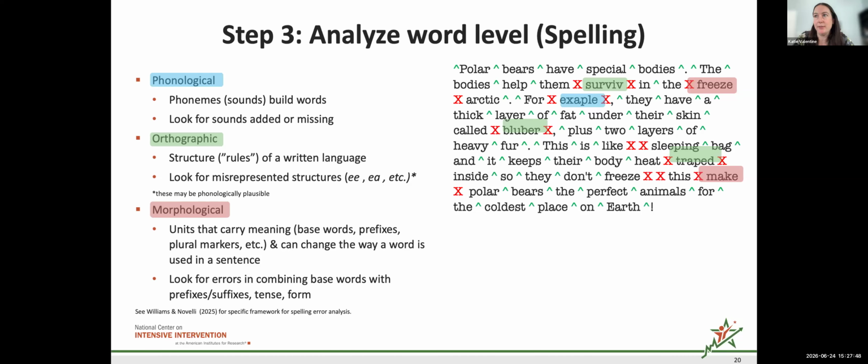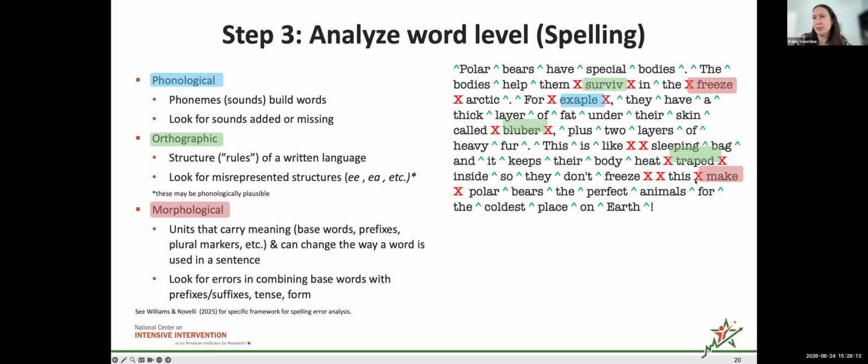The examples that I have on this slide are highlighted in this kind of reddish color. So let's see, bodies help them survive in the freeze Arctic. So this student has not used the adjective form of this. This should say freezing. They did not add the suffix ing on the end of that. So that may be a piece that they may need some additional instruction in.